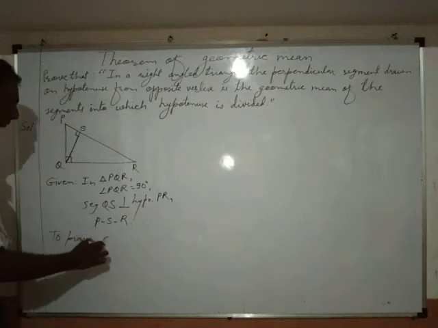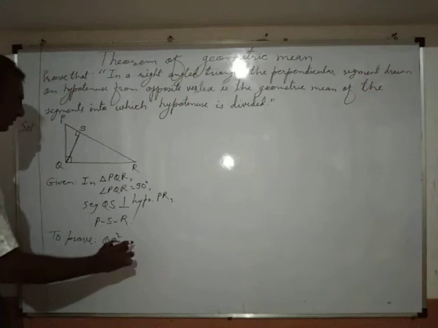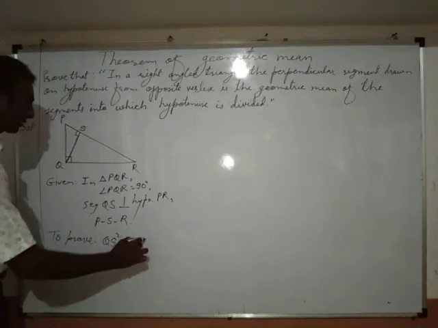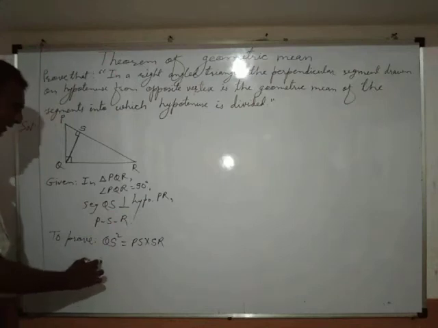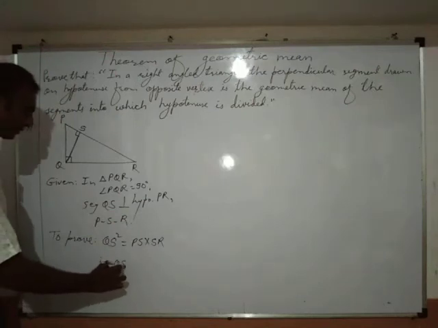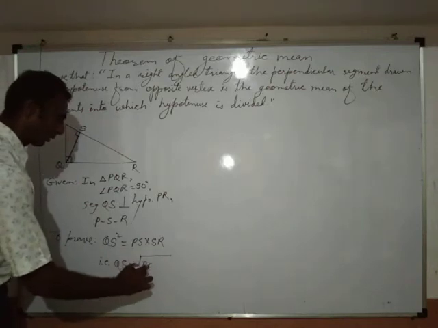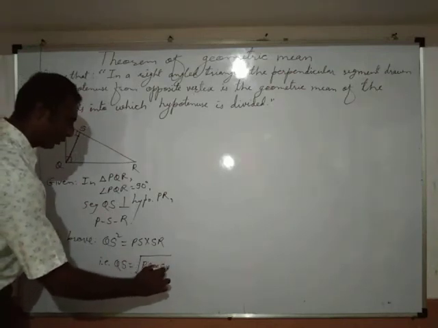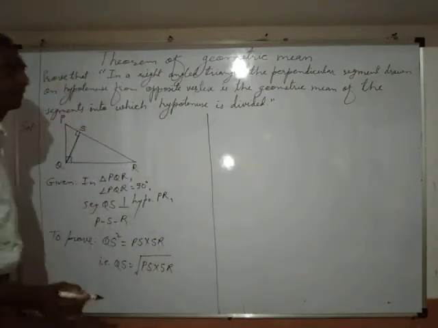To prove: QS square equals PS into SR, that is QS equals under root PS into SR. Okay, now information is sufficient.